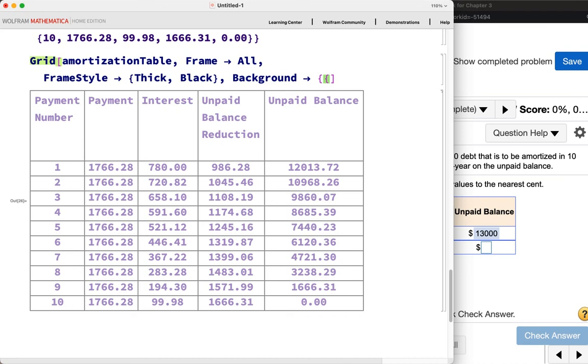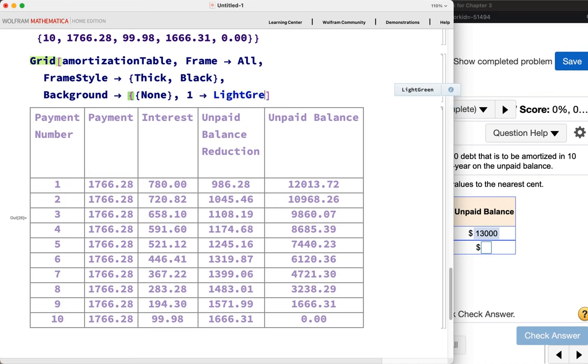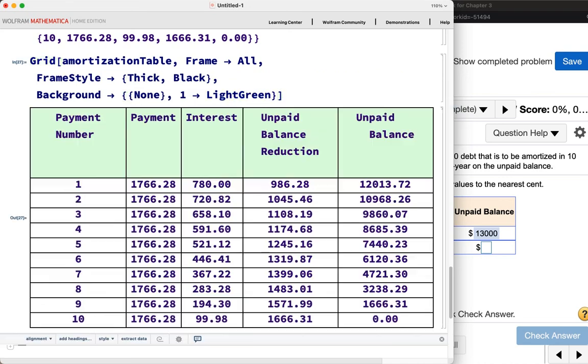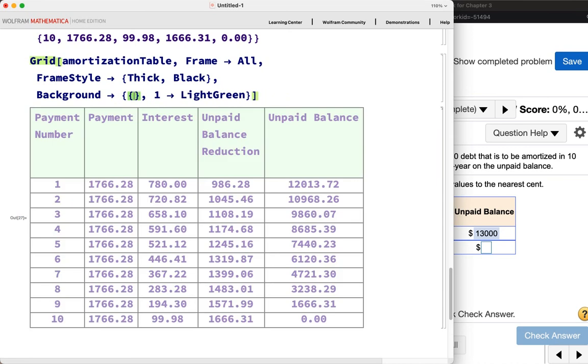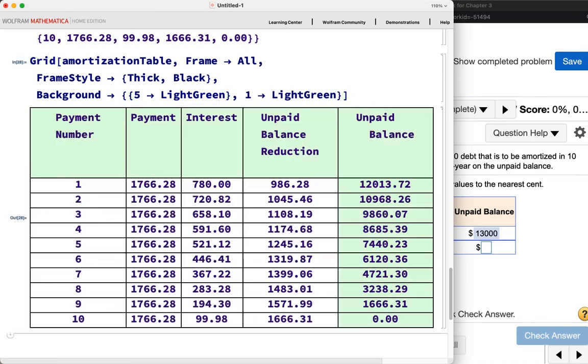Okay, so the columns first. Well, if you do none, and the first row could be light green. Okay, well, that's good enough. And then, I mean, instead of none, you could make that light green.